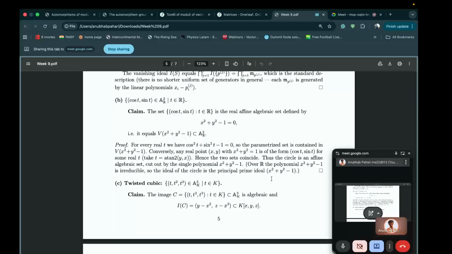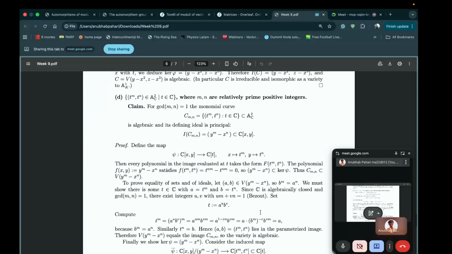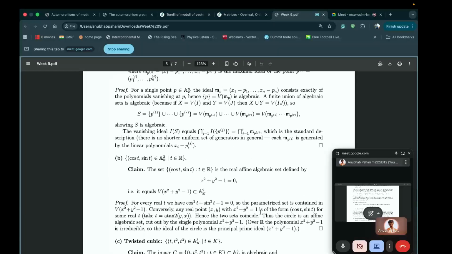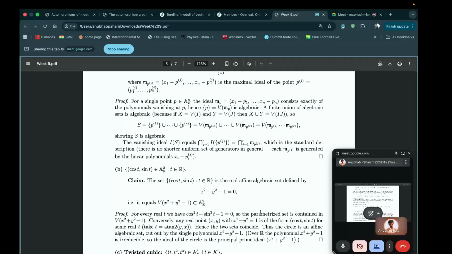Next, let us show that this set, (cos t, sin t) in A^2(R), where t is running over R, is an algebraic set.